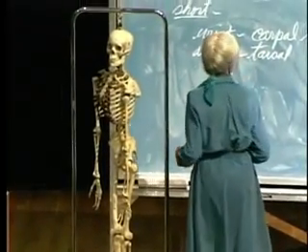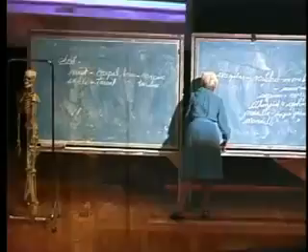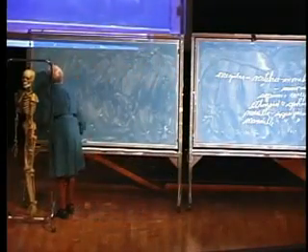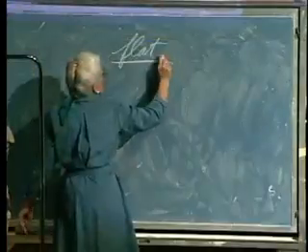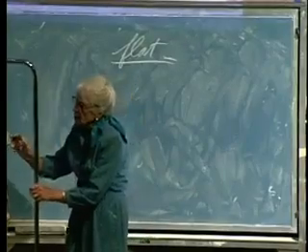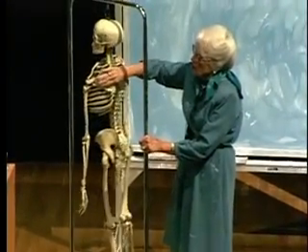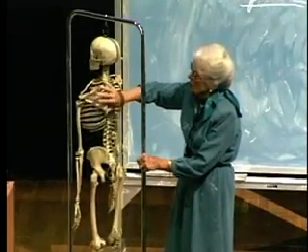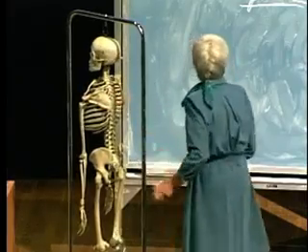Let's look at flat bones. Let's take the scapula because it's so obviously flat. You can see it at the posterior, superior portion of the back. Scapula is a flat bone.